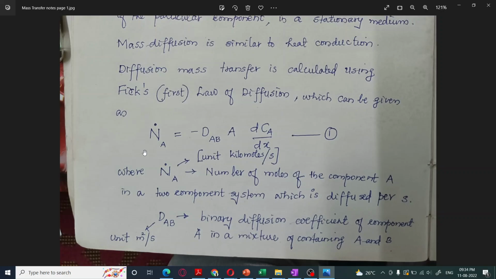This equation can also be written in terms of kilogram per second. Instead of moles per second, we can also write Fick's law of diffusion in terms of kilogram per second. If you multiply the left side as well as the right side of this equation by the molar mass of the particular component, the equation will become in terms of kilogram per second.